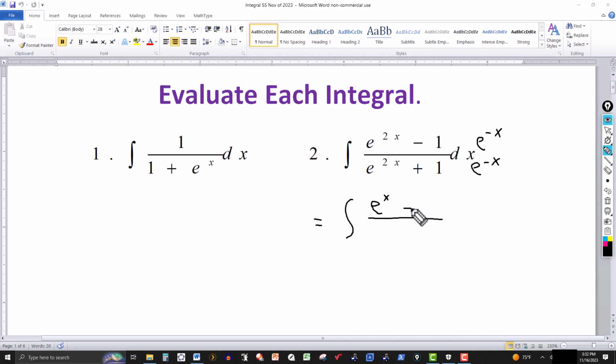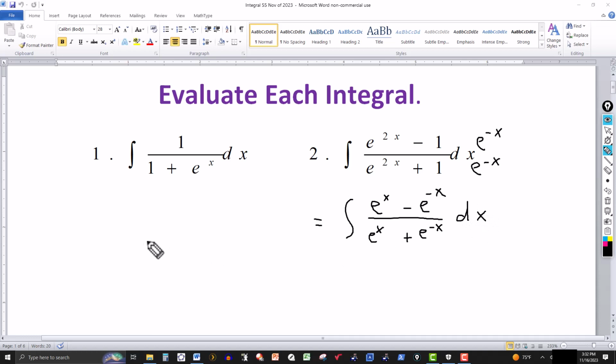And this will be minus e to the minus x times the minus 1 here, of course, gives me minus e to the minus x. And the denominator, again multiplying through, e to the 2x times e to the minus x, adding the exponents, is just e to the x, and then it's plus 1 times e to the minus x, e to the minus x, dx.